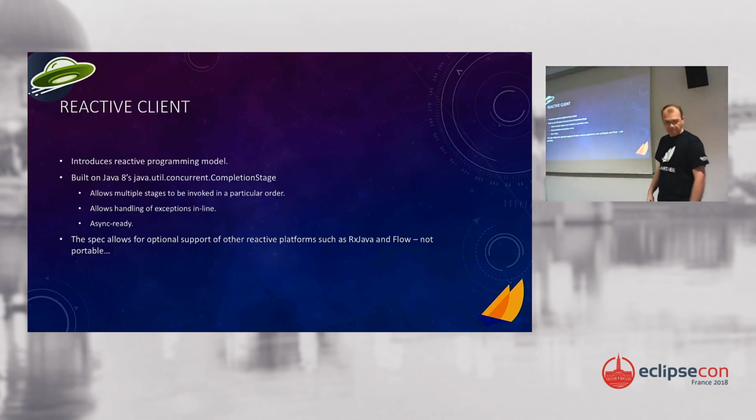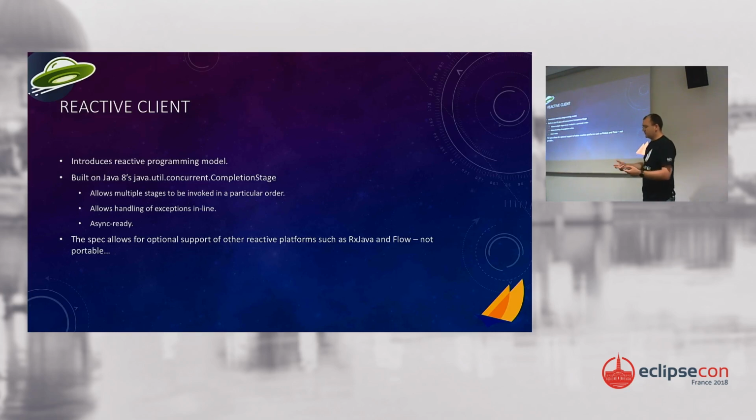In 2.1, we introduced this concept of the reactive client. Hopefully throughout today and yesterday, you've gotten to see some presentations on some of the benefits of reactive programming. I'm not going to go into too much detail, but I am going to show you the implementation that we use in JAX-RS. It's based on the Java util concurrent CompletionStage. It allows stages to be invoked in order.